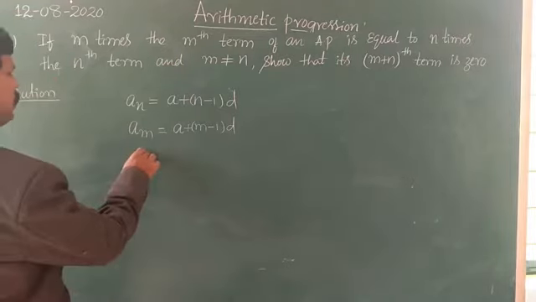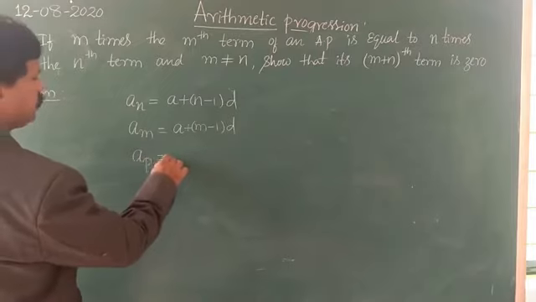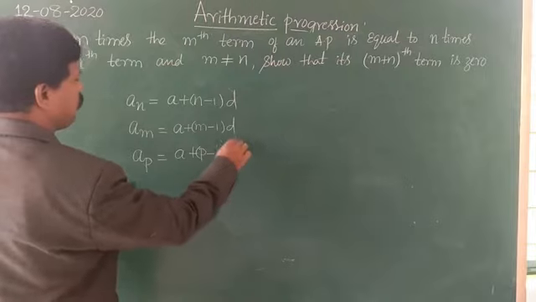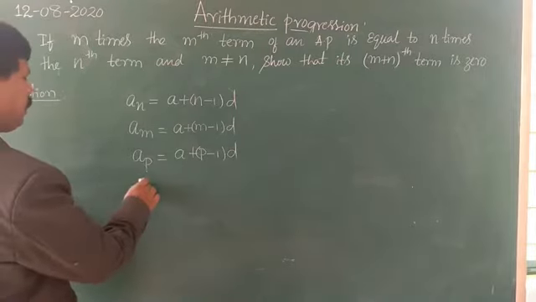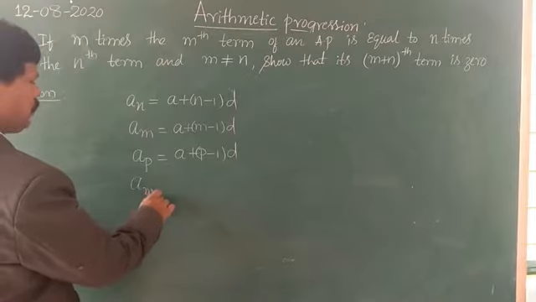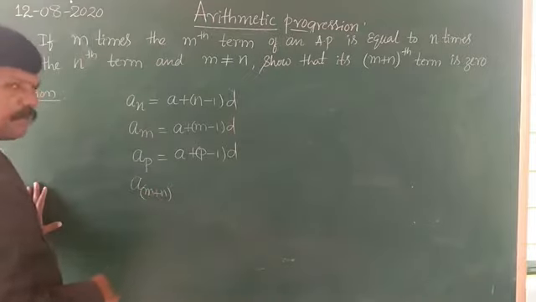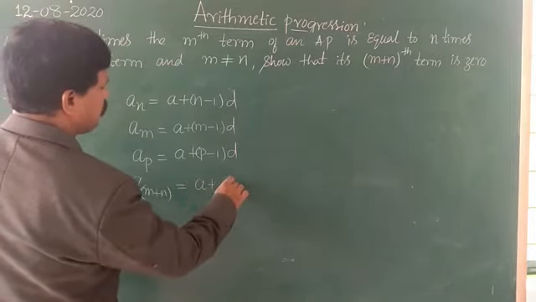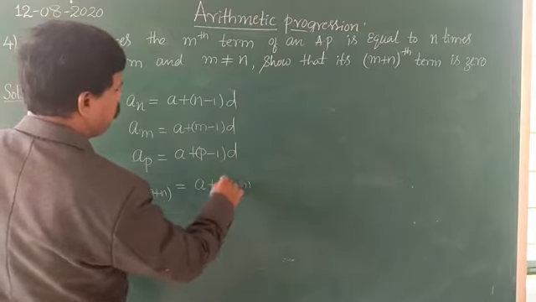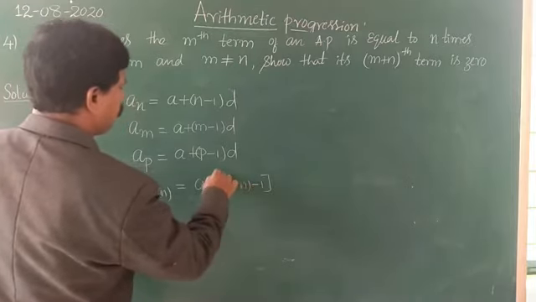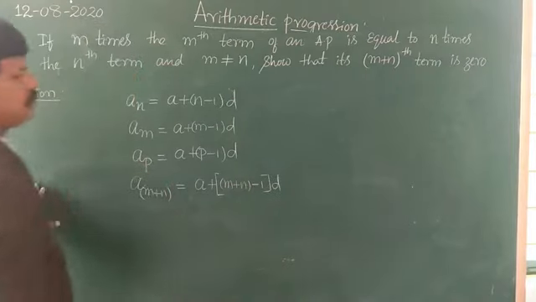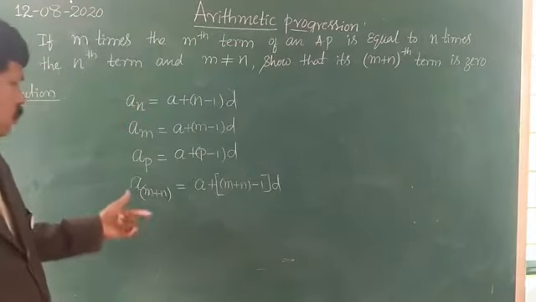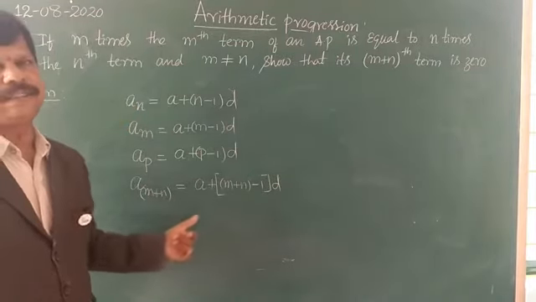If it is the pth term, ap is equal to a plus p minus 1 into d. Similarly, the m plus nth term is equal to a plus m plus n minus 1 into d. So this is the way of expressing the m plus nth term.